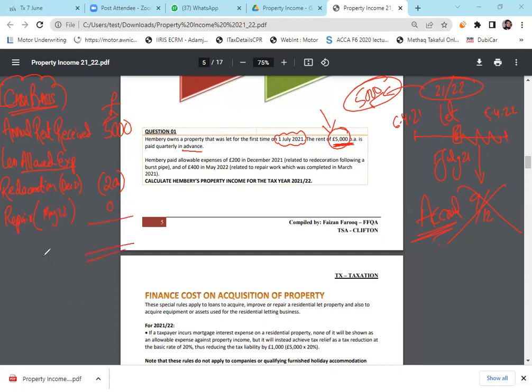May is after the tax year. If it is paid after the tax year, it must not be included, although it relates to my year end because the pipe burst in March. But no, we will only focus on money. So money paid on May 22, which is outside the tax year, so we are going to ignore it.